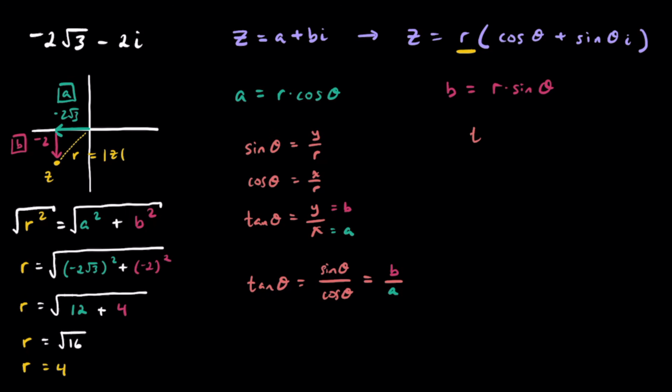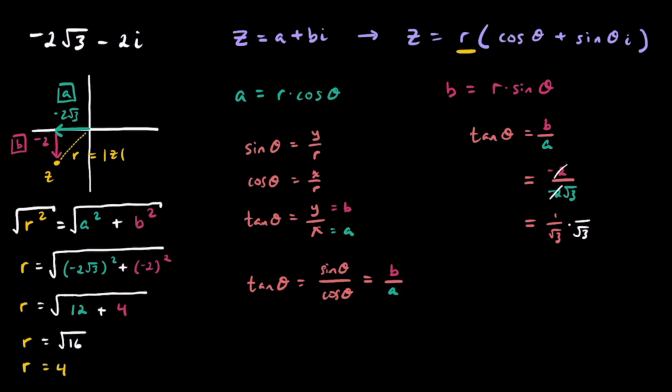Okay, so when we say that tangent of theta is really just equal to b over a, we can substitute in our b value, that's -2, and our a value, that's -2 root 3. Simplifying this a bit, -2 over -2 just becomes 1, so we can write 1 over root 3.